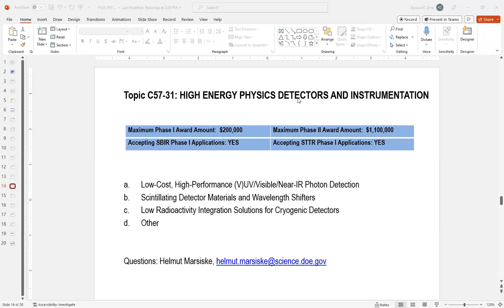We're looking for something less than 100 microbecquerel per kilogram. And I think that's it for this topic.